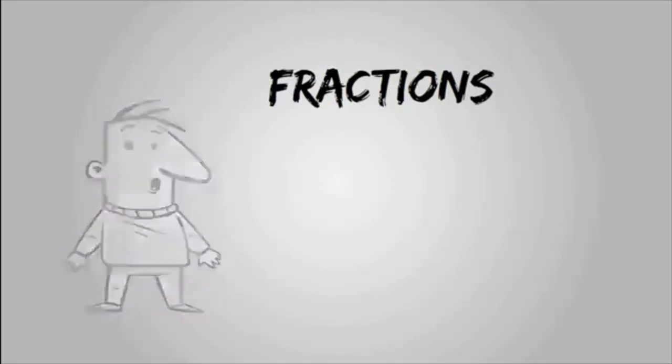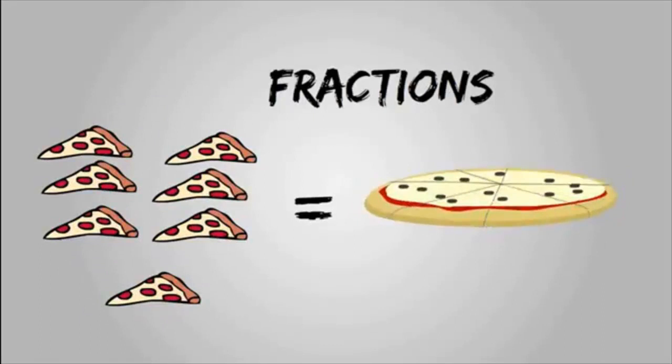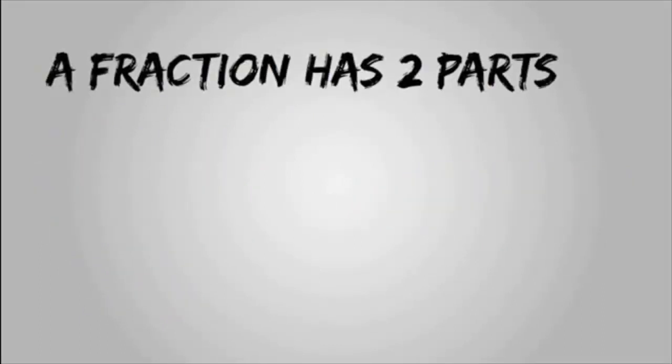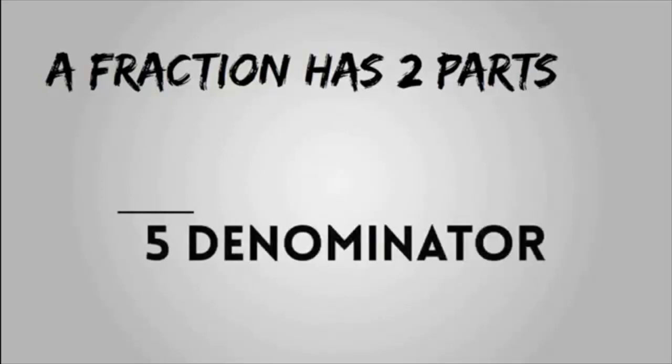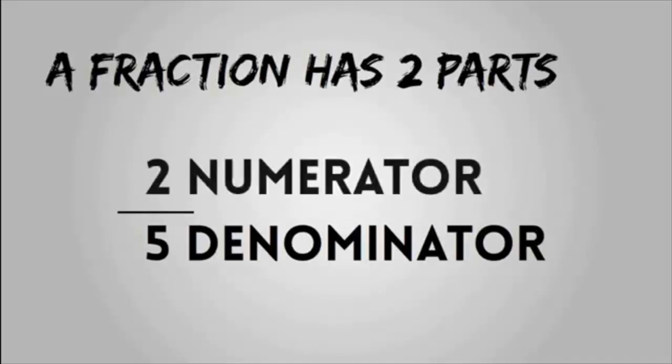Fractions are used to represent parts of a whole. A fraction has 2 parts. The bottom part is called the denominator and tells you how many pieces the object has been divided into. The top part, called the numerator, tells you how many pieces you have. For a fraction to work, the parts must be equal.